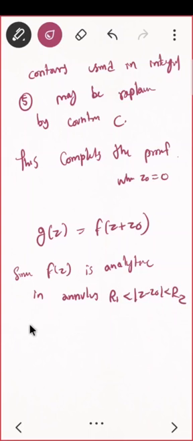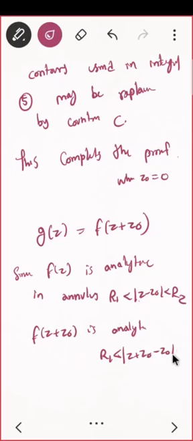So what can I say? f of z plus z naught is analytic in this, that is r1 less than, in place of z I will be putting z plus z naught, minus z naught less than r2. That means that is g of z. g of z is analytic and r1 is less than mod z less than r2.